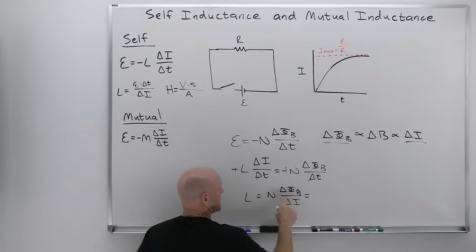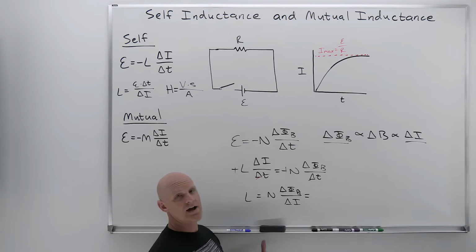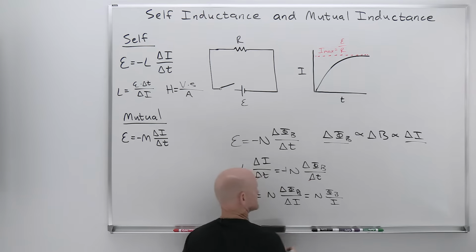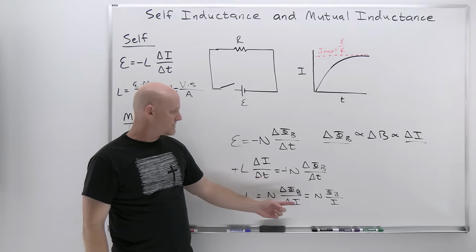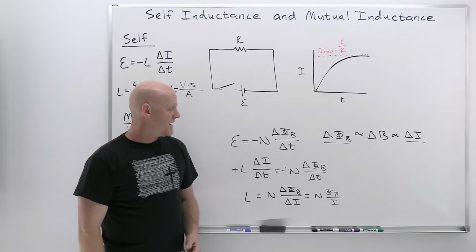Now if we look at these changes, it turns out the ratio of the changes is the same ratio as the magnetic flux itself and the current itself. The reason for this is that not only was the change in the magnetic flux due to the change in the current, but the magnetic flux is due to the current as well.